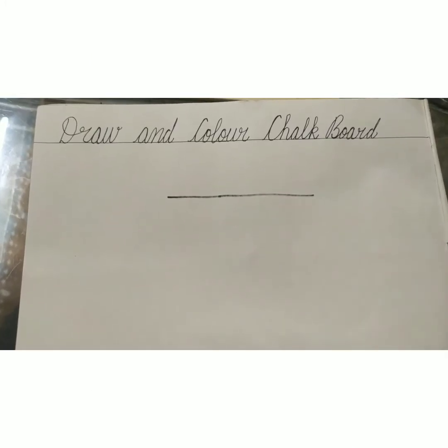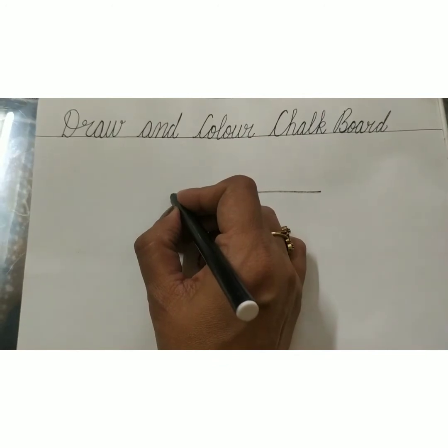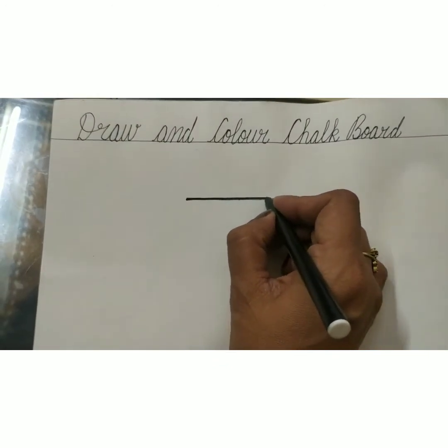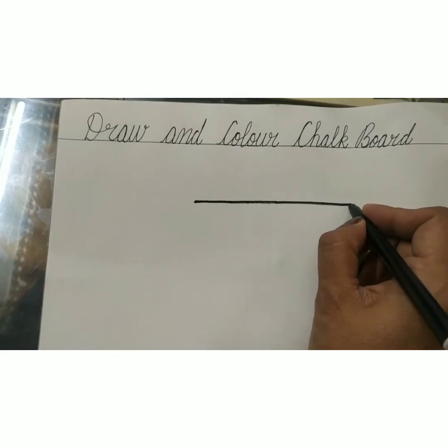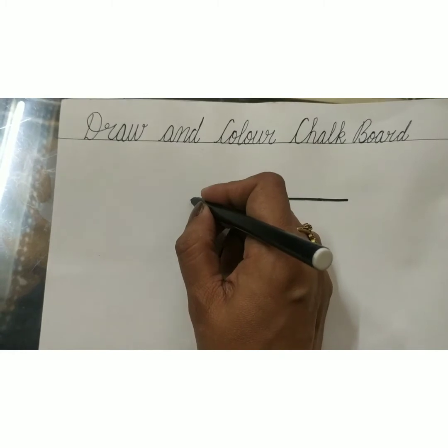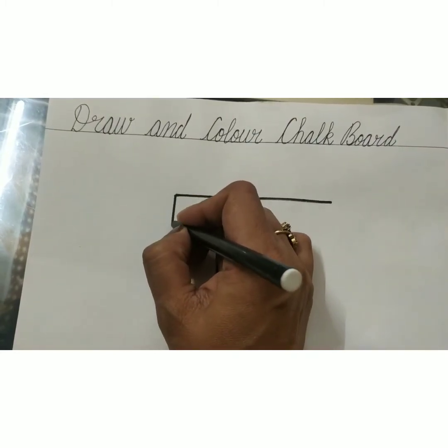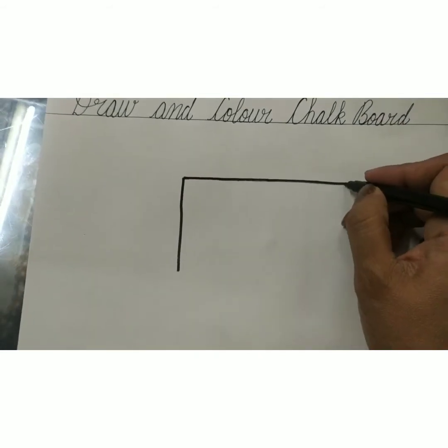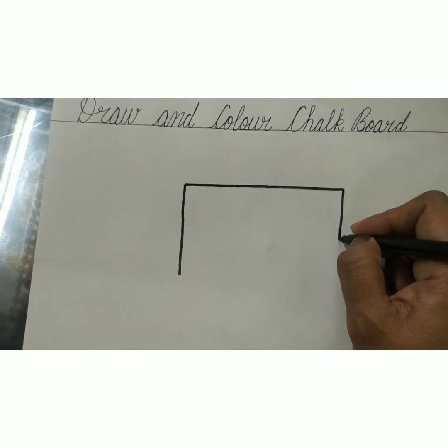So first of all, I will draw one rectangle. Draw one sleeping line. Then draw one standing line. Draw second standing line.